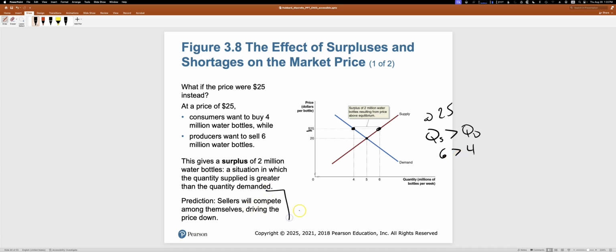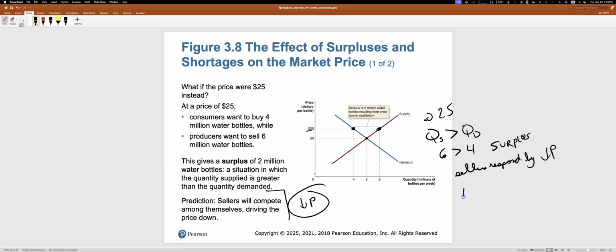So how do sellers respond to that? We see this all the time: sellers generally are going to reduce the price. So here's a surplus, and sellers respond by lowering the price.